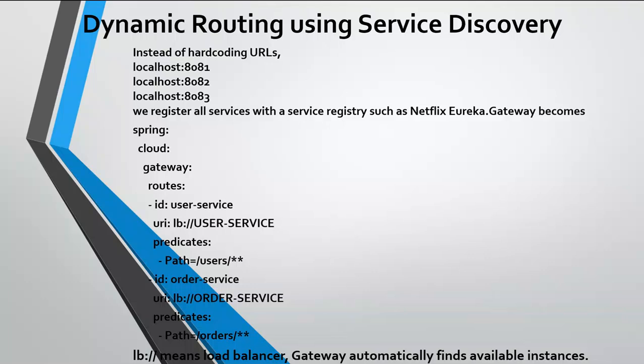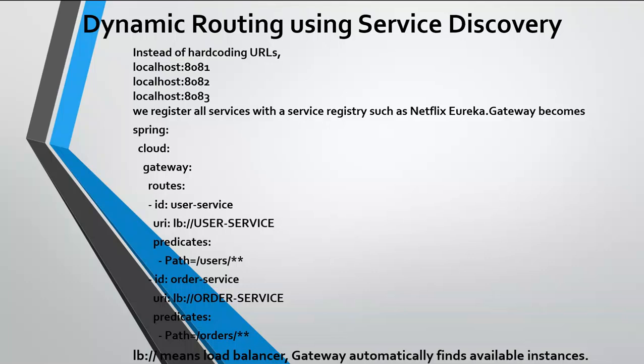Instead of that, we do it like this, mentioning the ID. The URI will be lb, LB is load balancer, colon, double slash user-service. Predicates will be like this, the path pattern will be users. And for order, the ID will be like this, order-service, then predicates, then path. Okay, the LB means the load balancer.